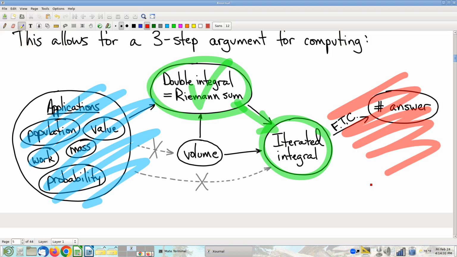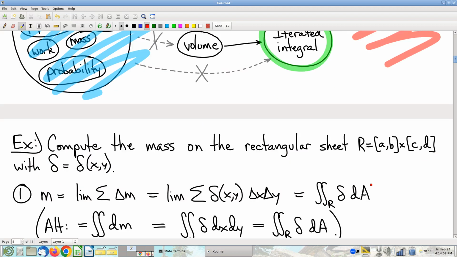I want to focus on right now just this phase 2 of the 3-step process. How do I turn a double integral on a non-rectangular domain into an iterated integral that I can plug and chug? But then I'm not actually going to plug and chug. Okay. All right, so that's what we're looking at here.